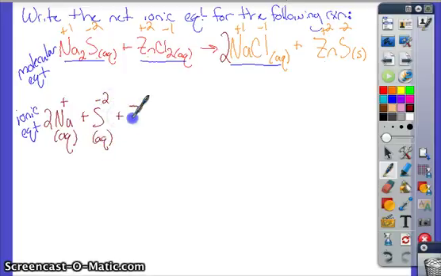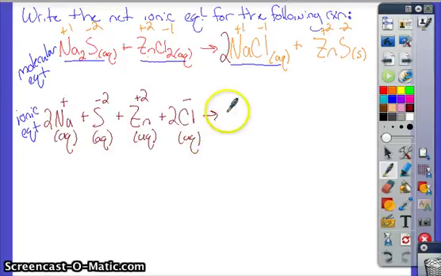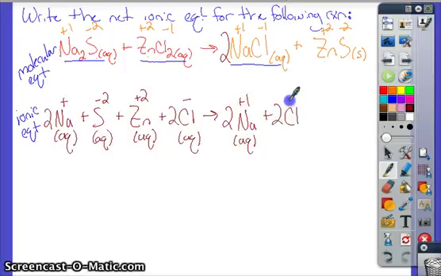We have 1 zinc ion. We also have 2 chloride ions. We have 2 sodium ions on the product side. We have 2 chloride ions on the product side.